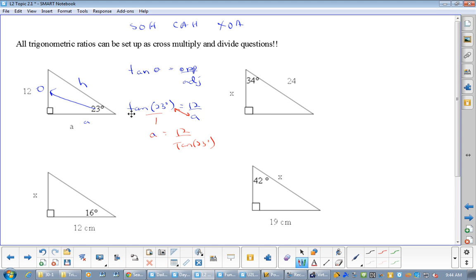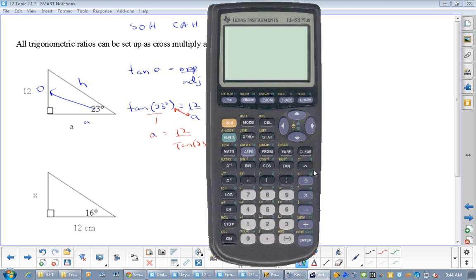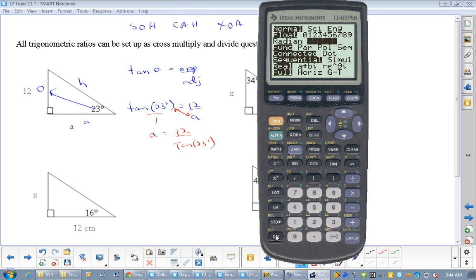Okay, so this is how you put it in your calculator. Everyone do it. Just don't watch me. Okay, so you're in degree mode. Then you hit second mode to get out of there, that does your quit. So you have to go 12 divided by, you hit the tan button, which is right there, and you put 23 and shut the bracket, always after you put the angle in.